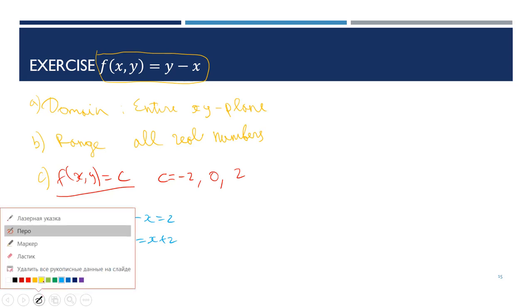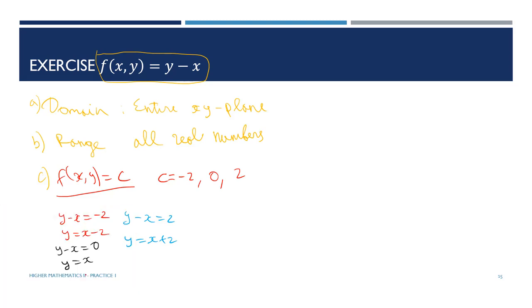We have found 3 level curves and we need to draw them. This is gonna be x, this is gonna be y, and this is the point 0.